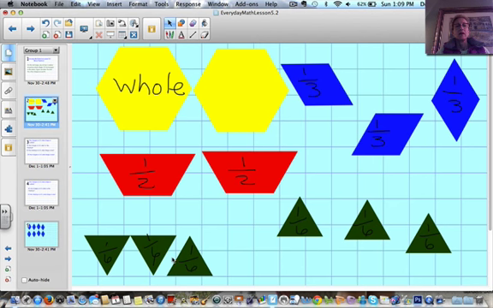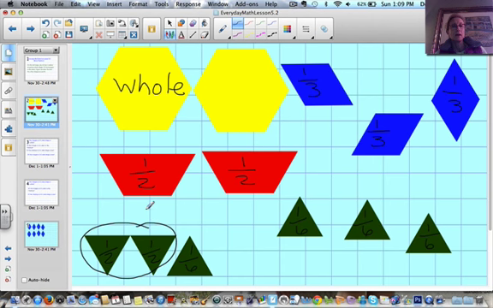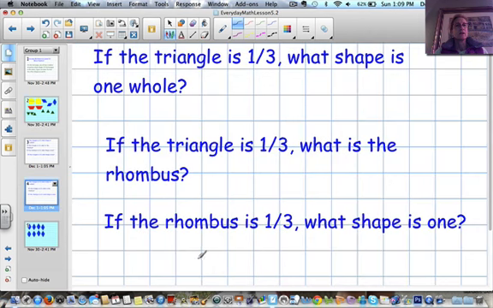So if I take my eraser, come over here and get rid of the writing there, and let's say that now the triangle is 1/2, what is the shape that is 1 whole? So if these two are 1/2 of something, what would be the shape that is 1 whole? And of course I'm referring to a shape that's already here. Okay, let's go back to the next question.